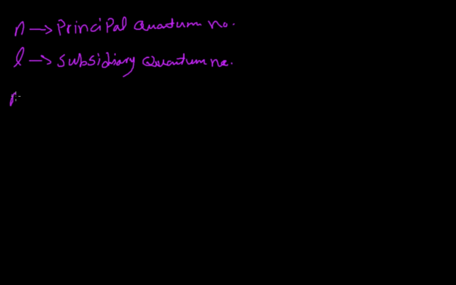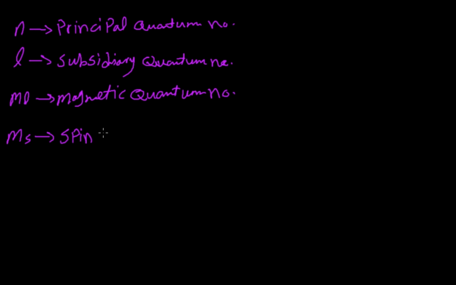And we have ML, which is the magnetic quantum number. And we have MS, the spin quantum number. So these are the four quantum numbers.